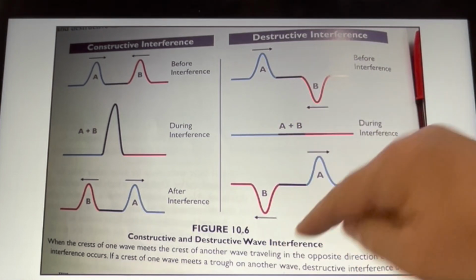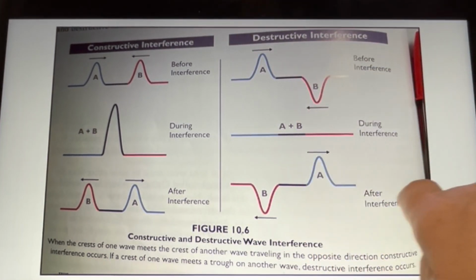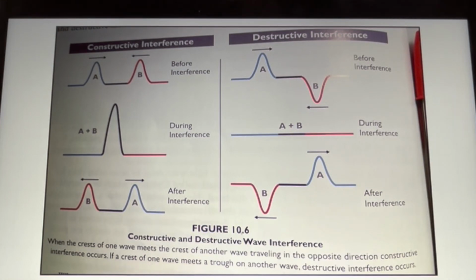So then here we go. B passes by over here and A passes by over here. So when the crest of one wave meets the crest of another wave traveling in the opposite direction, constructive interference occurs. If a crest of one wave meets a trough on another wave, destructive interference occurs.